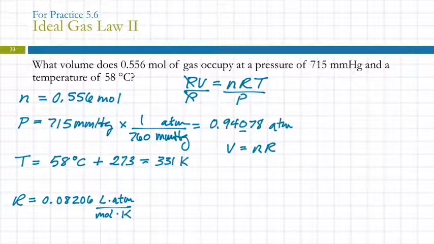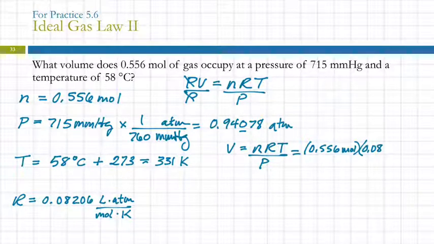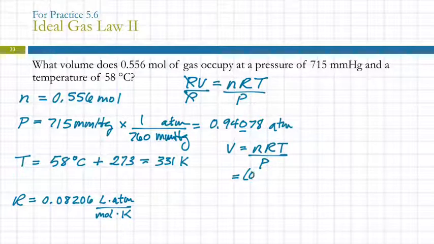Volume equals nRT over P. So that's 0.556 moles times 0.08206. I have to write it down here.